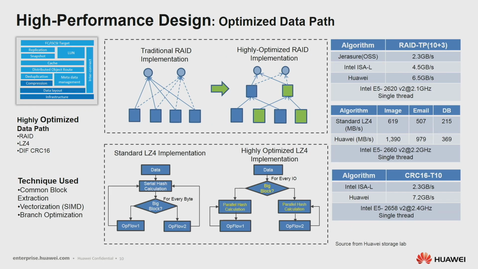We also have a highly optimized data path because the SSD is really fast. Here we have optimized data paths for read, for compression, and for diff. The techniques we're using: we extract common blocks so that we can save redundant computation.